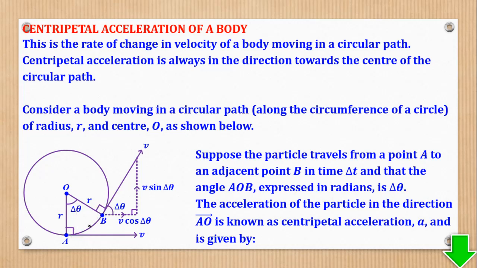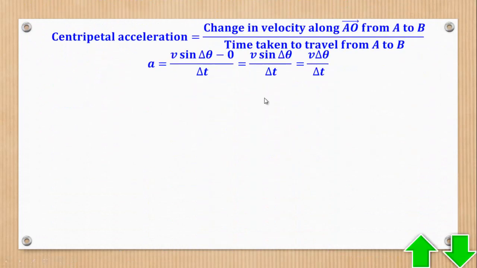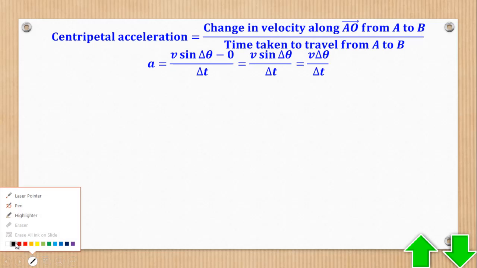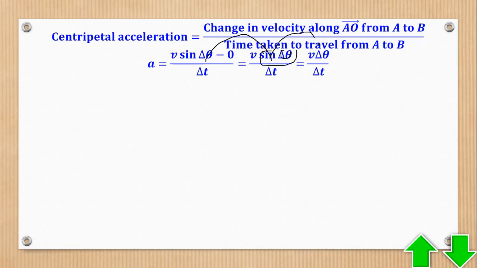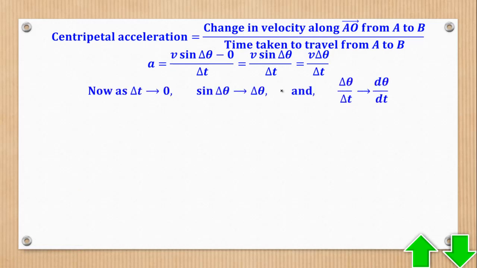That will be the change in velocity, and that's what is given here over the time taken. Simplifying this, we'll come up with this, and I realize that this is a small angle, so this approximates to delta theta. That sine of an angle tends to that very angle. So this will become d theta dt, which is here.